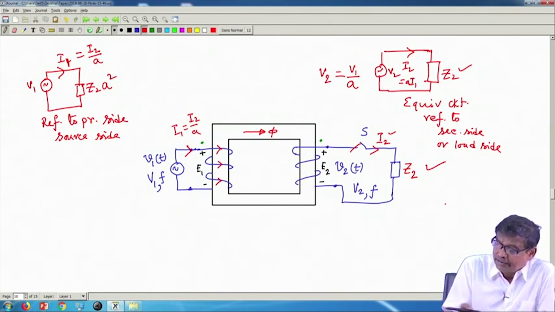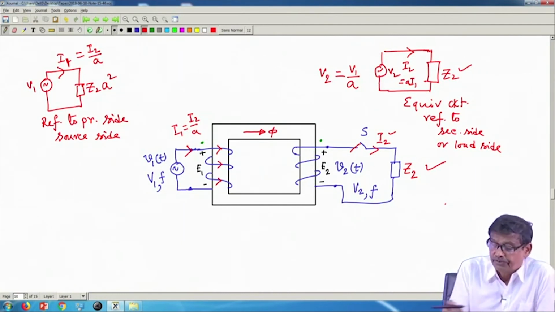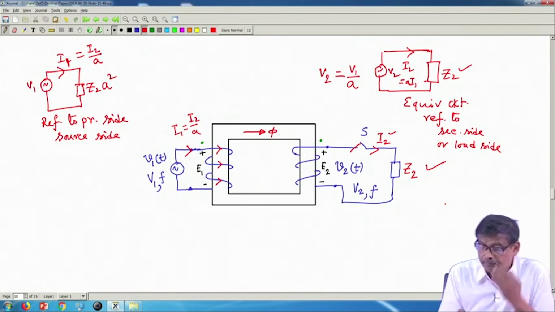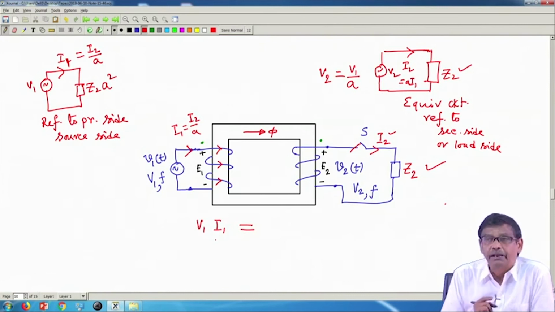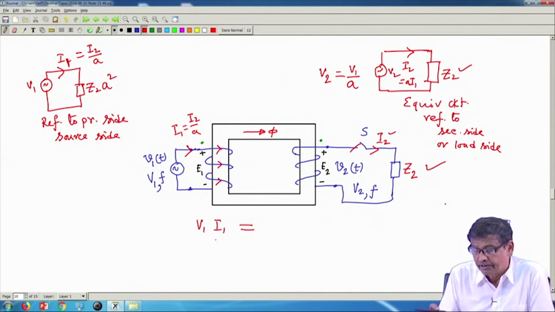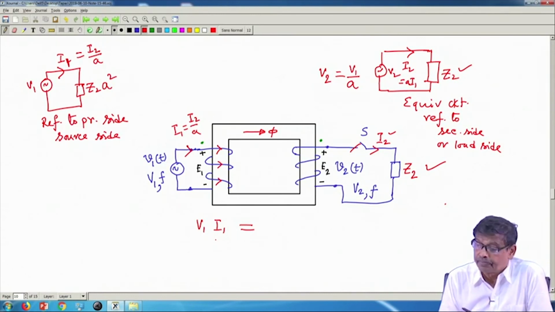Now, another important thing I will derive from these two. Suppose you multiply V 1 into I 1 and express V 1 and I 1 in terms of V 2 and I 2, what does this product become? V 1 is equal to A V 2, and what is I 1?